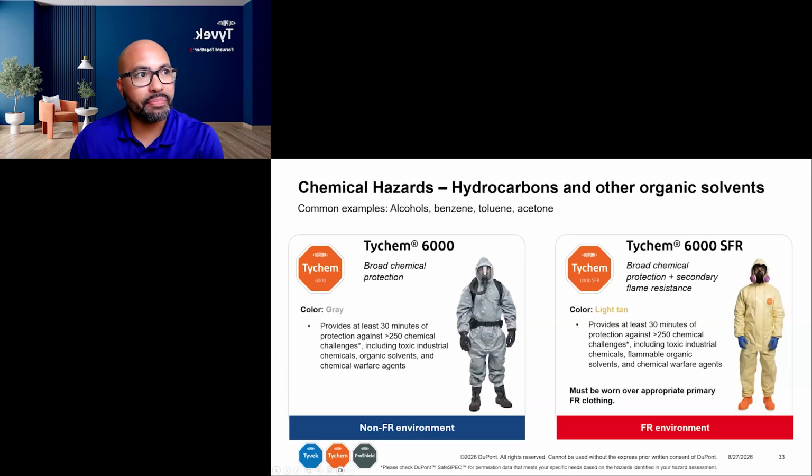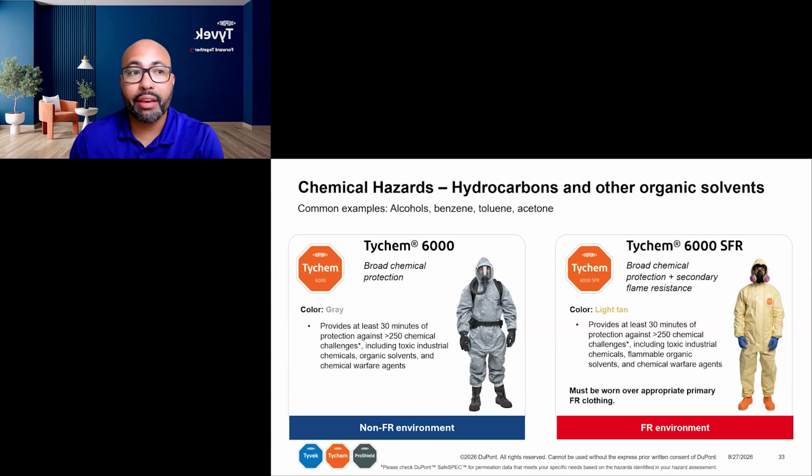Next slide, please. Lastly, if your site has chemical hazards such as hydrocarbons and other organic solvents, we have our Tychem 6000. It offers at least 30 minutes of protection against more than 250 chemical challenges.